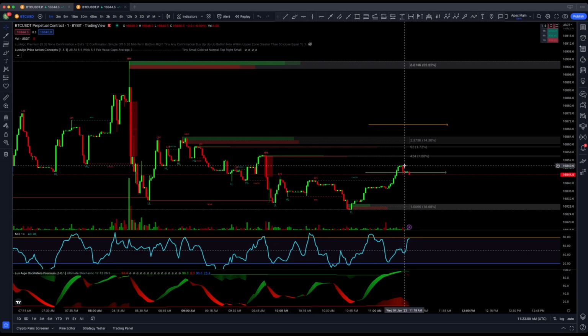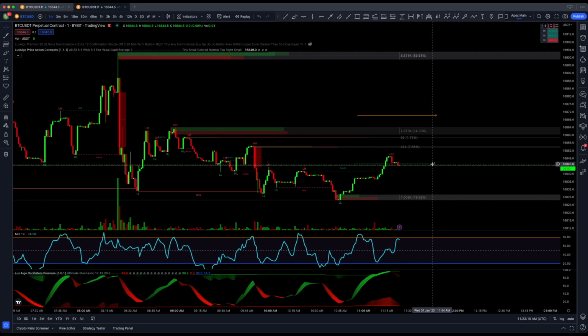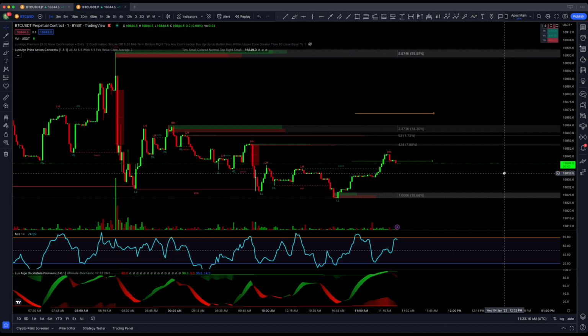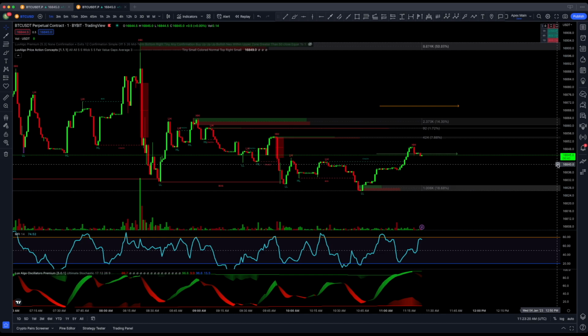However, we just touched that, we didn't actually breach it, so I don't know if we would have been filled, because it was literally in and out. So I think where we got filled was probably about right. Okay, so now we're in very, very small profit.